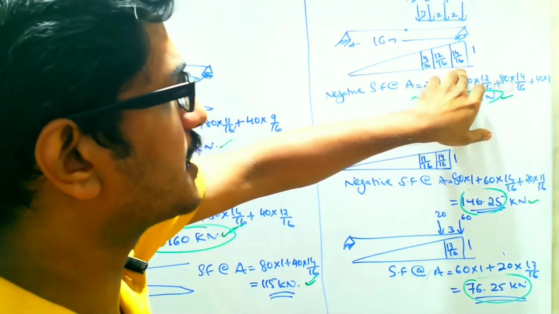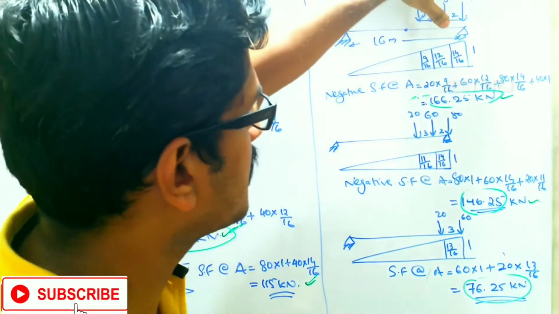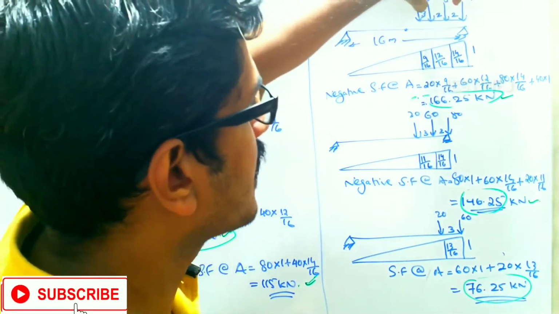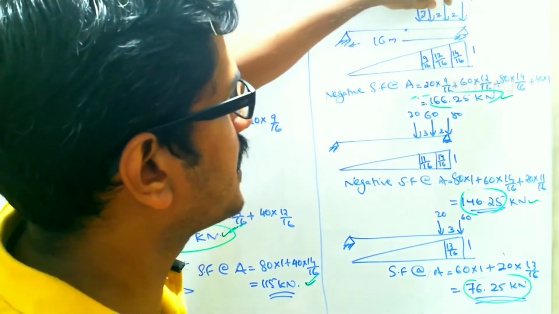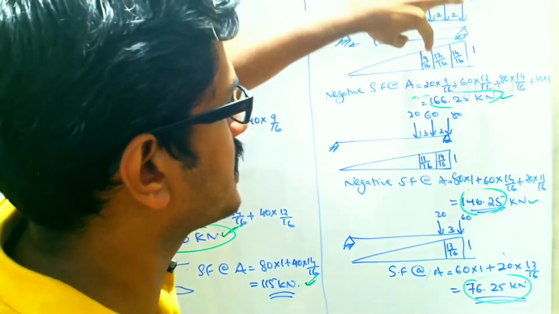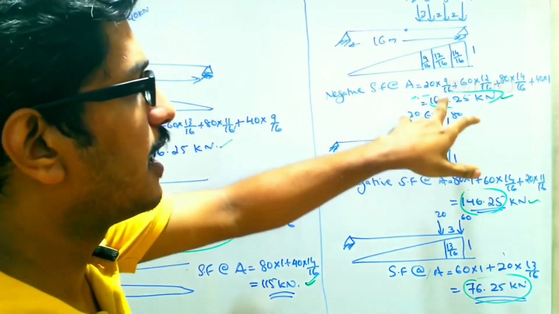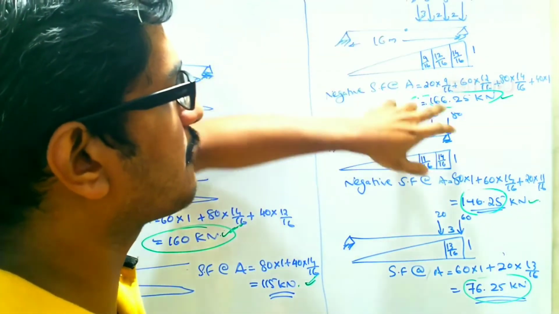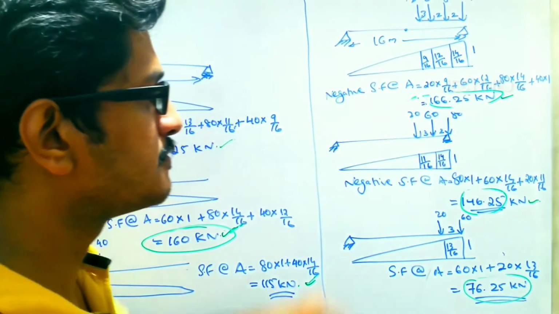Then you have to calculate the ordinate values using the similar triangle law. The total distance is 16, and then you subtract 2, and you get 14 by 16. Then subtract 4 from 16, 12 by 16. Then subtract 7, 9 by 16. If you multiply directly, you will get the value of 166.25 kilonewton.